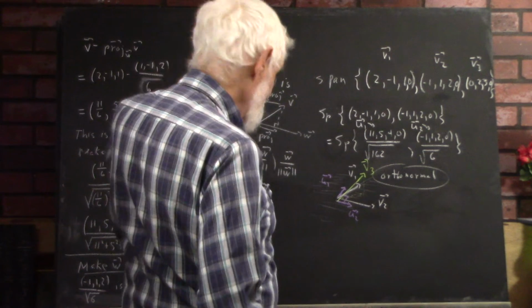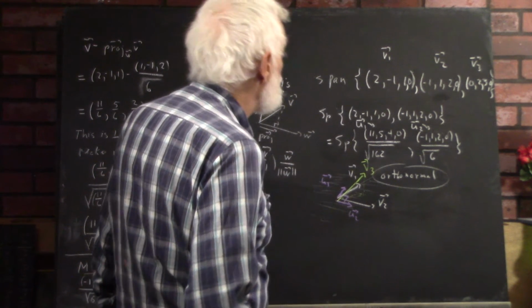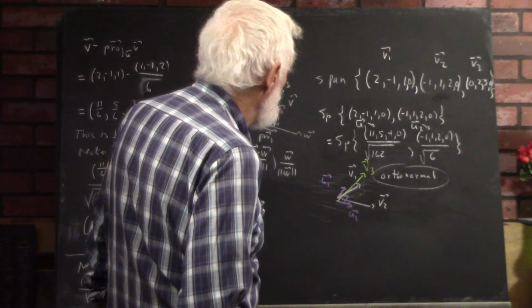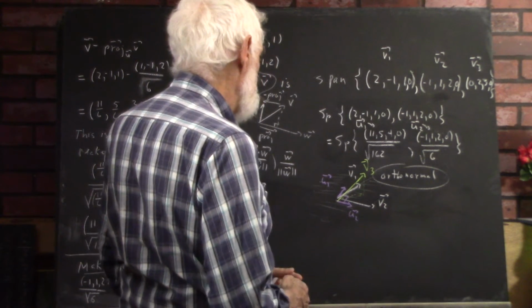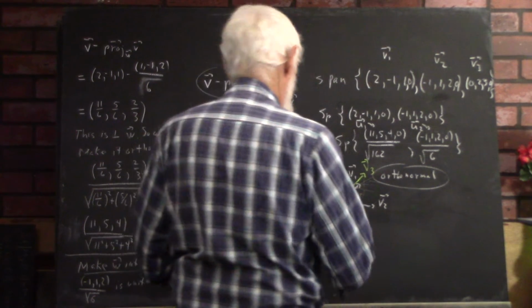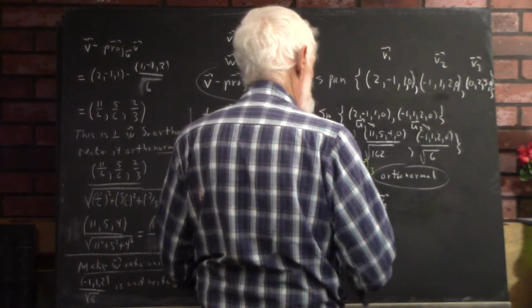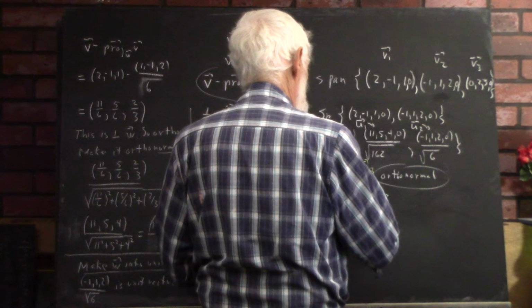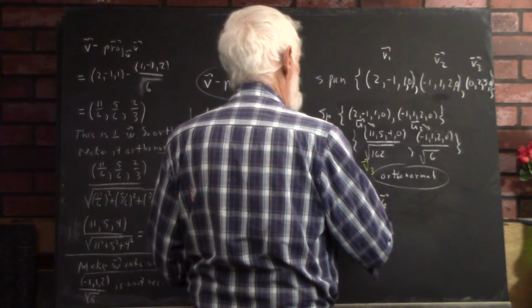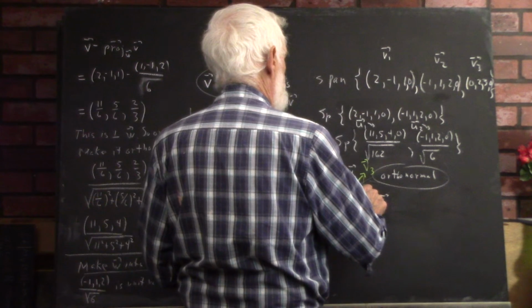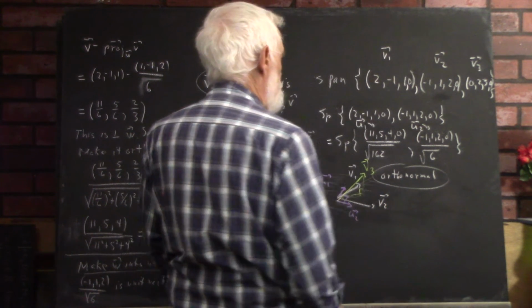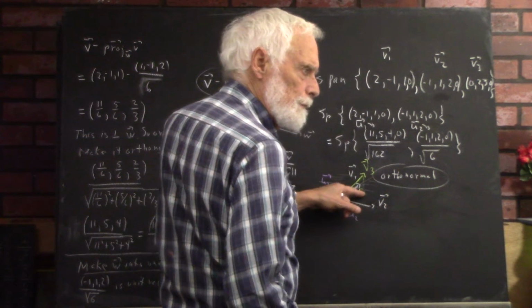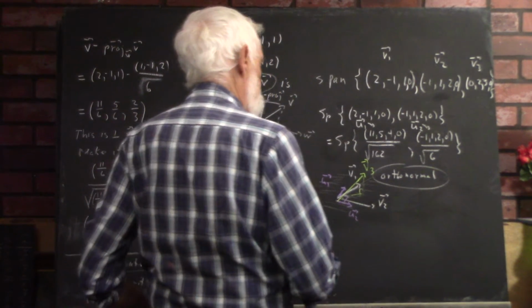Well, to get the vector we're after, we want to take a multiple of the vector here. Okay, so here's v3 projecting down into the plane. Here's a right angle of v3 with a vector in the plane.